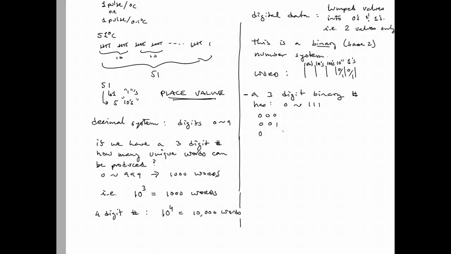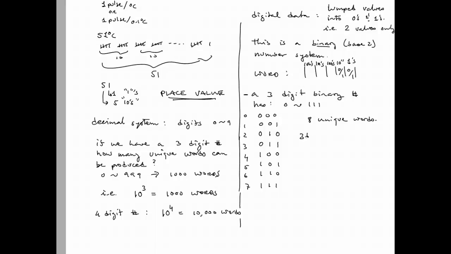So then, just like when we get to 9 in the decimal system, we add 1, and it rolls over back to 0, and we carry 1. We'll do the same thing for the binary system. So it'll be 10, and then we add 1 more, that's 11. Adding 1 to 99 in the decimal system gives us 100, and likewise 100, 101, 110, 111. If we count this up, 0, 1, 2, 3, 4, 5, 6, 7. So we have 8 unique words.